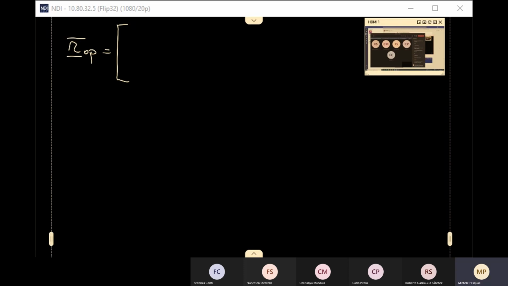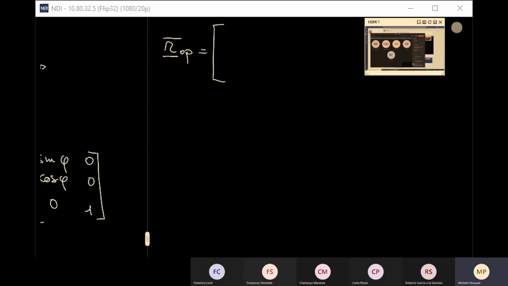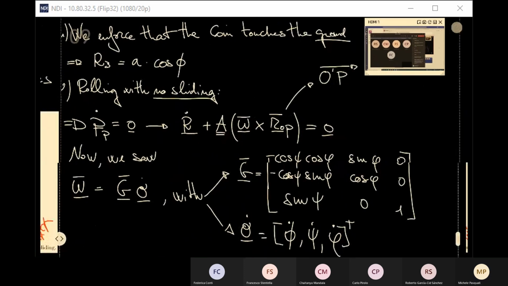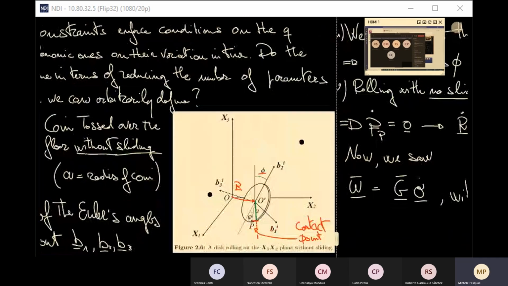Okay, how can we describe it? It has to be expressed in the local frame, in B1, B2, B3. So if you look at this picture here, O prime P, I would use this angle here, bar phi, because this is the angle of the spin about B3. What's the projection?